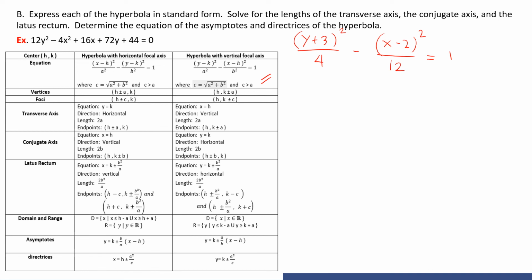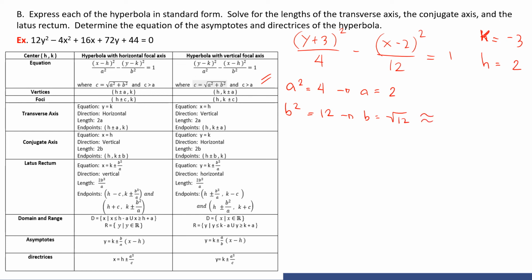Y plus 3 sa makatuwid, ang k value ay negative 3. At ang h value natin ay positive 2. Okay? Next, we have a squared is 4. If you look at the pattern, ibig sabihin, ang a natin ay 2. And then b squared is 12. So that means b is square root of 12.